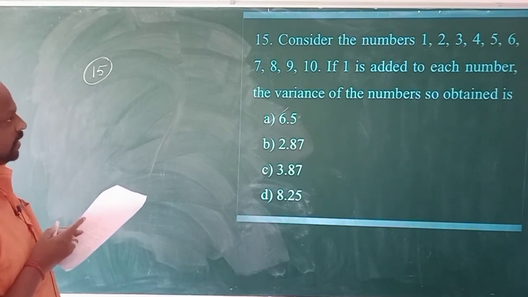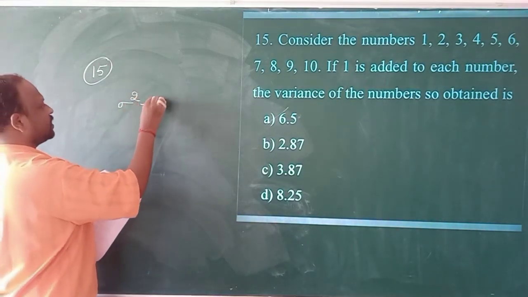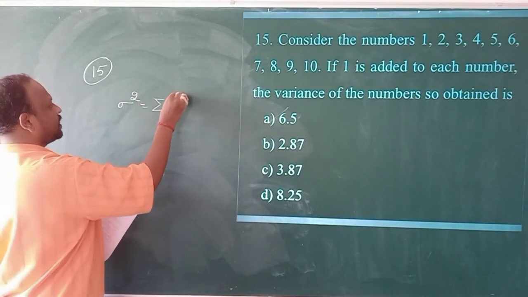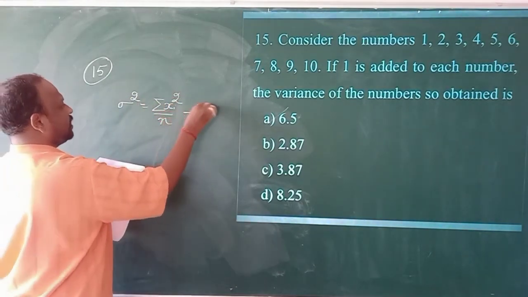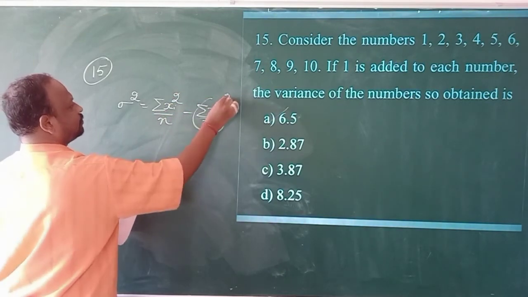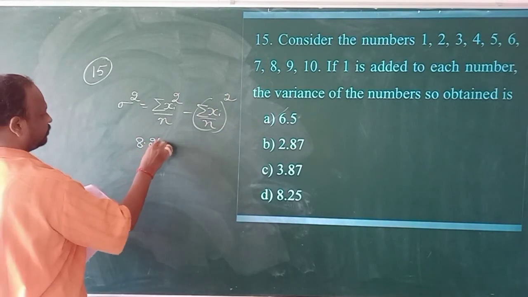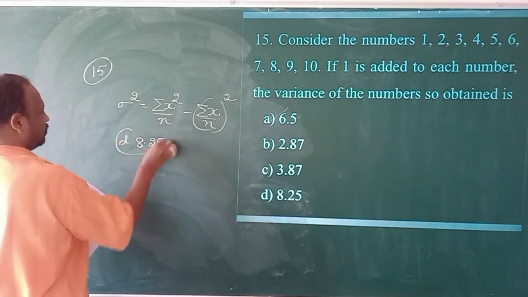Then calculate the variance using the formula sigma square is equal to sigma xi square by n minus (sigma xi by n) whole square. So you will get 8.25. Option D.